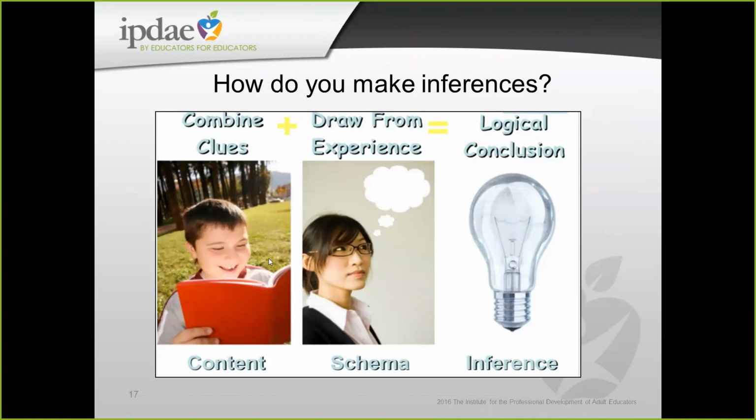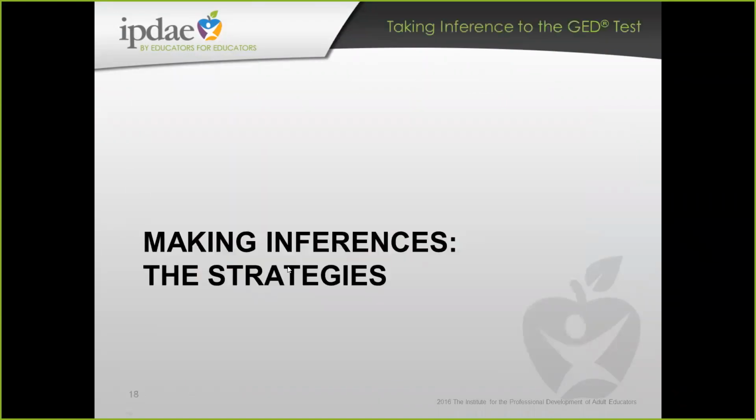But Susan, let's go ahead and talk about a few strategies, because that's what we all need in our classrooms. What we're going to share with you today are strategies that you can use at all levels of adult ed.